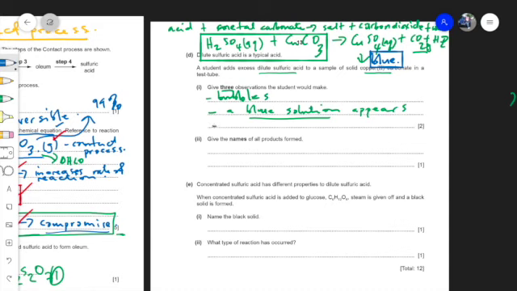And the other thing that you're going to observe, remember this is a solid and you have added an excess of acid. It means that all of this is going to be used up.